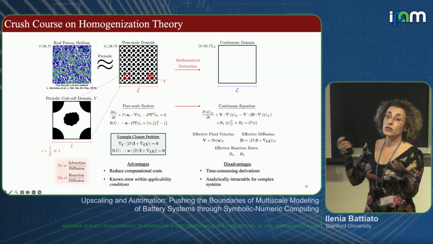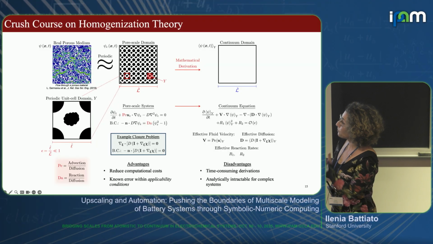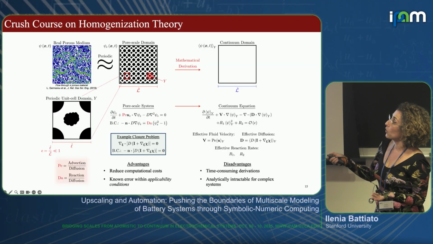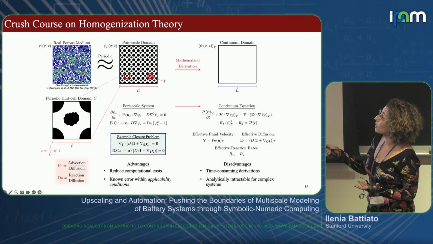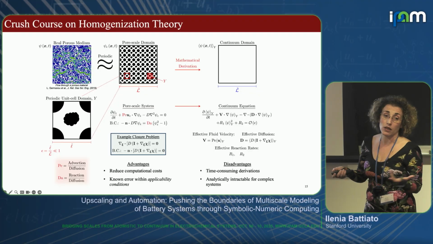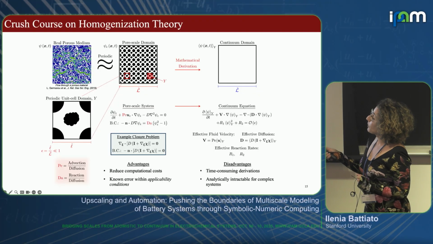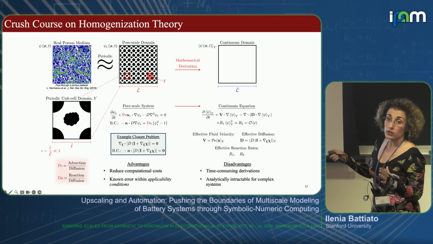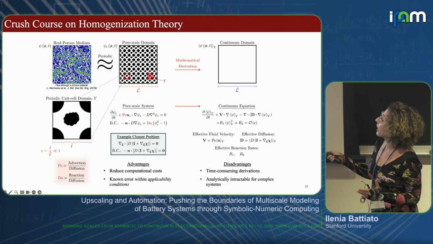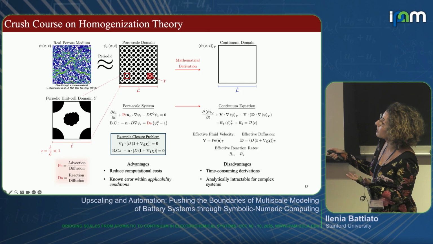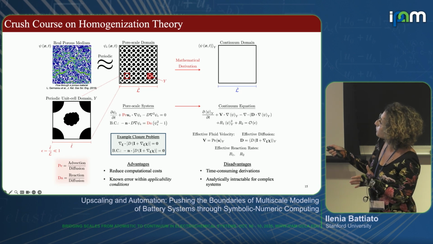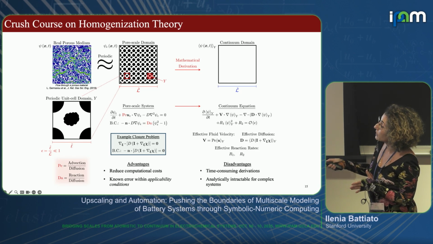So what does homogenization theory do? You start, let's say, with your porous medium. The first assumption that you make is that you can conceptualize this porous medium as a periodic structure, a periodic structure of a size L, this is the macroscopic size, okay? And then this can be built as the juxtaposition of periodic unit cells.